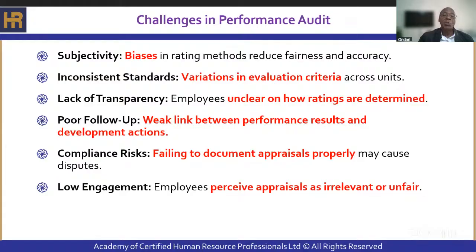Somebody sits in an office and rates a person as either average or above average without explaining to the employees how they arrived at that rating. There must be a clear and transparent rating method of all employees.